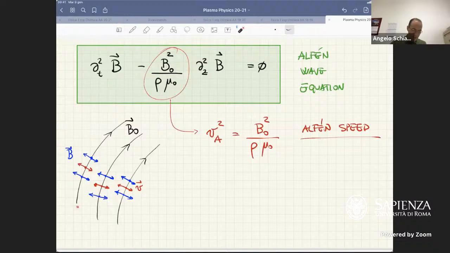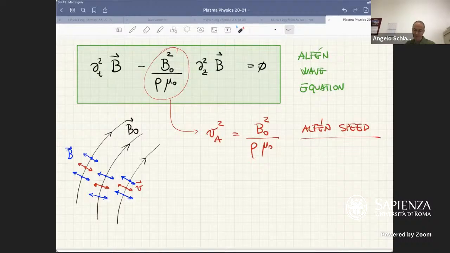The wave is propagating along the B field line, the external applied field. What is propagating is an oscillation in the B field that is in phase with the fluid oscillation that is transverse to the field lines.